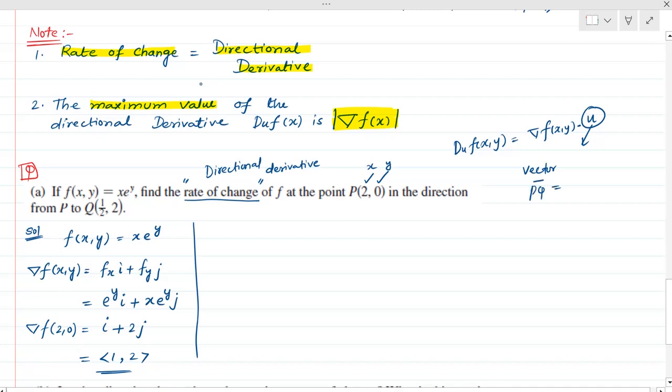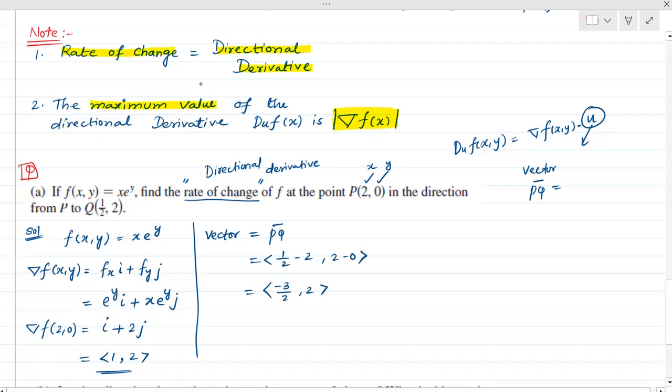So just subtract. I will form the vector first. The vector is equal to PQ. Now subtract: here you will get half minus 2, this is the i component, and 2 minus 0 is the j component. Therefore you will get minus 3 over 2 comma 2. So this is the vector.